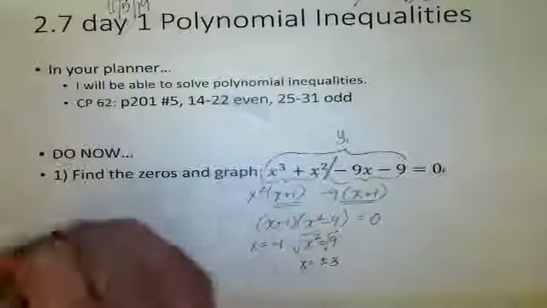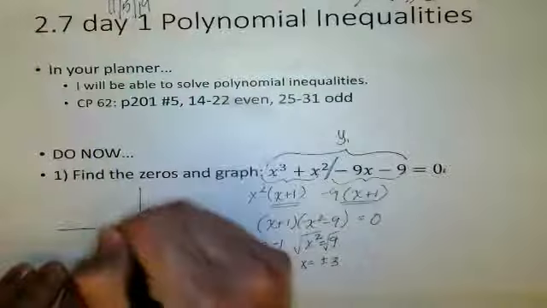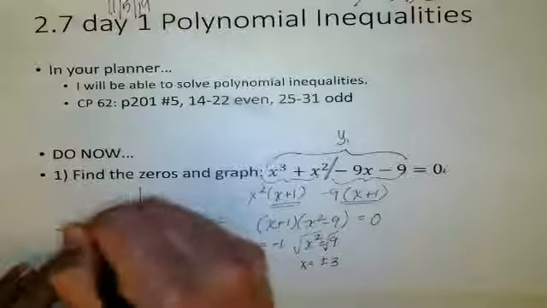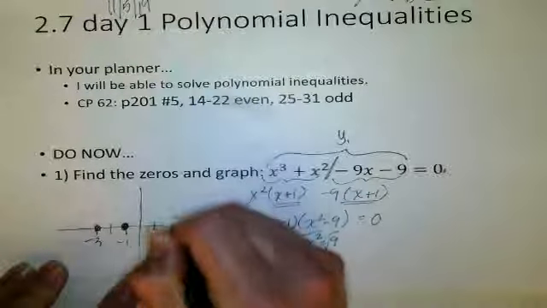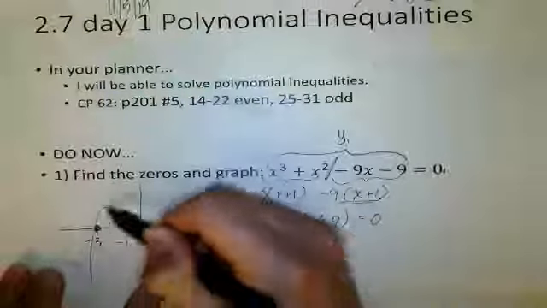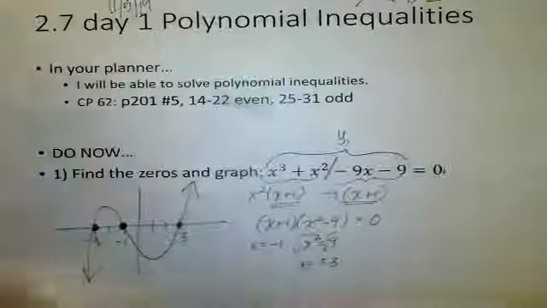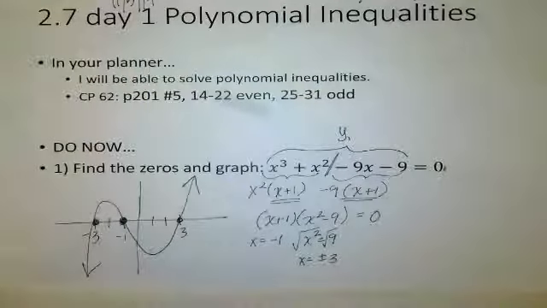So to graph that, we have negative 1 as a 0 where it's equal to 0. We have negative 3 where it's equal to 0, and we also have positive 3 where it's equal to 0. And then the graph, as you saw in your calculators, passes through those, much like this. We're going to do all the same things today.